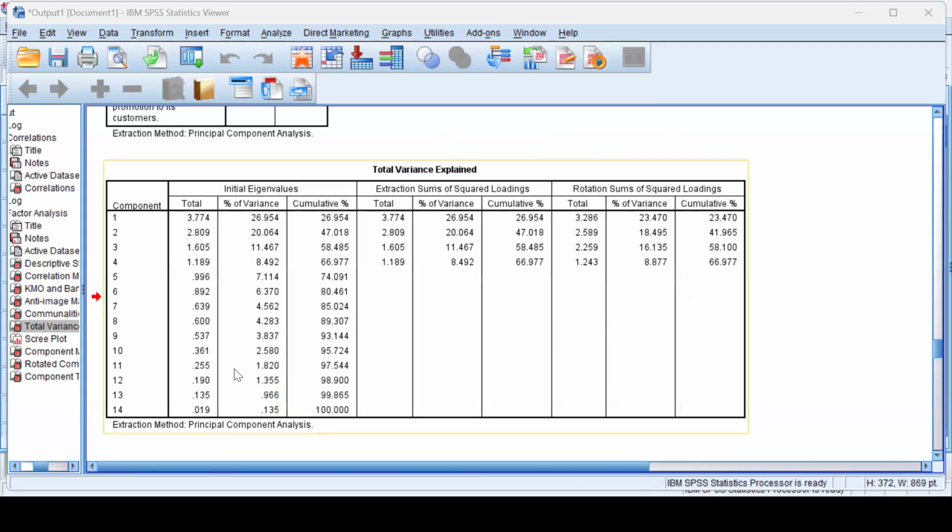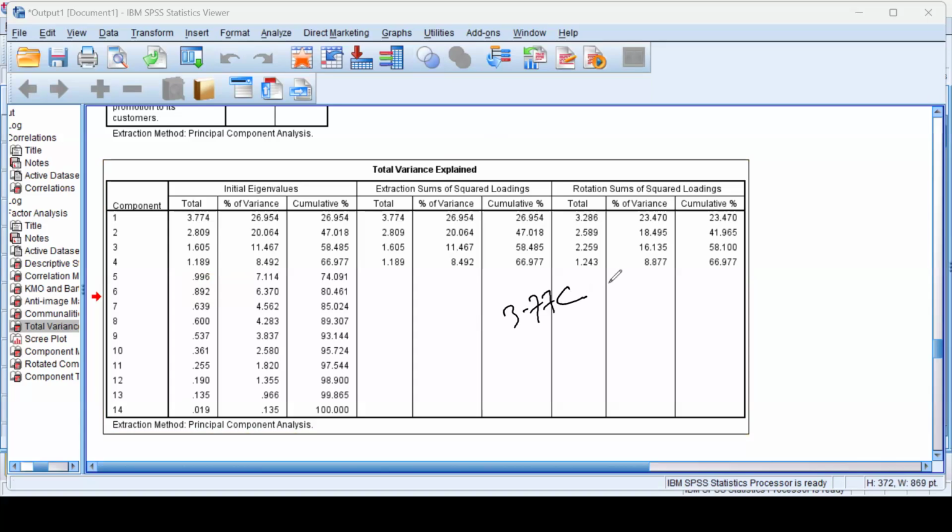3.774 into 100 and divided by how many? Question 14, the total number of items. So it is 26 point something. कैसे आप करेंगे? जब इसको मल्टीप्लाई कर देंगे, देखिए, 3.774 into 100 and total number of items 14.